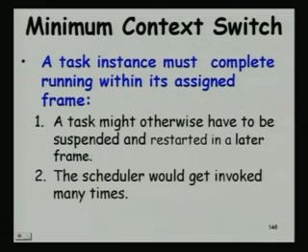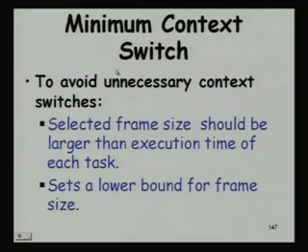If it does not complete, it might have to restart at a later frame, and not only that, the scheduler will get invoked many times. To avoid unnecessary context switches, the frame size should be larger than the execution time of each task, right? And this will also minimize the number of times the scheduler runs, isn't it?